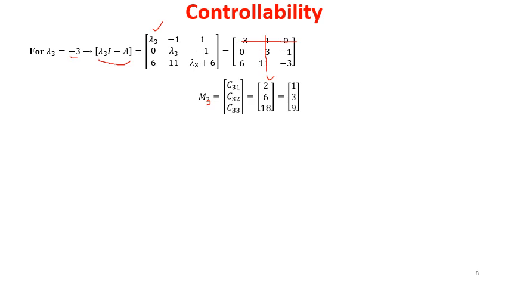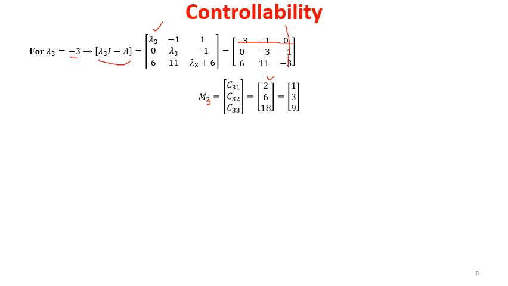The determinant will be 6. Similarly, for finding out the next C33, we have to eliminate the first row and the last column here. So the determinant of this one will yield a value equal to 18. So after simplification, what do we get?